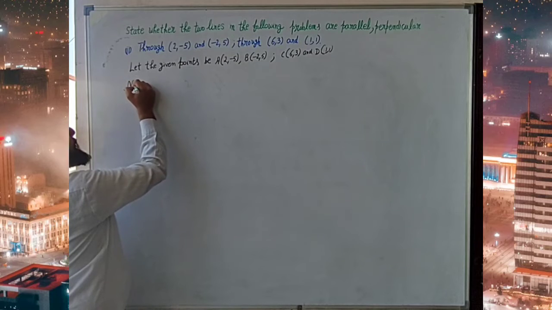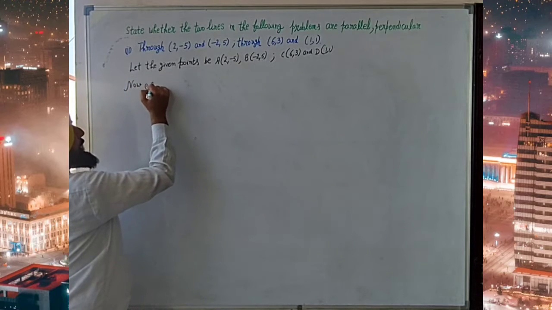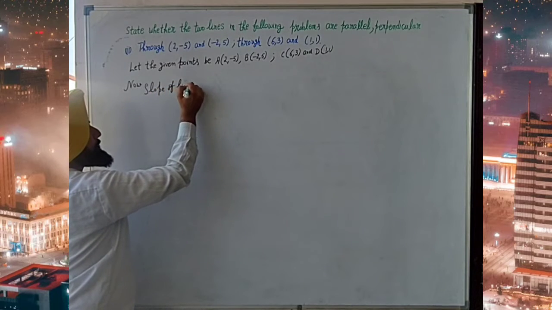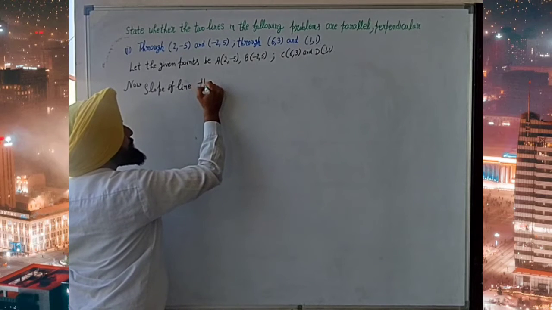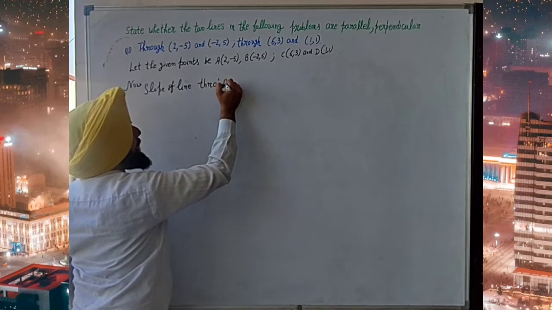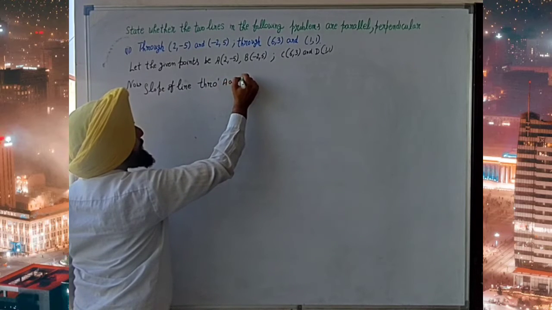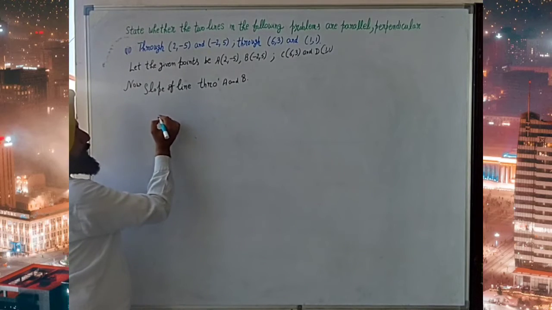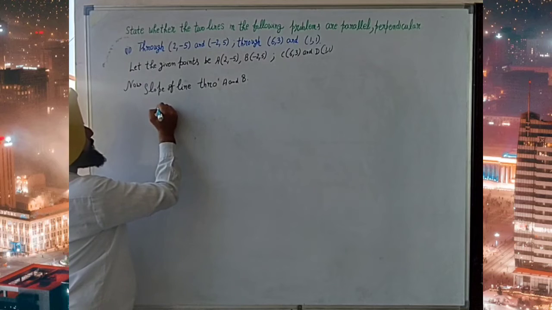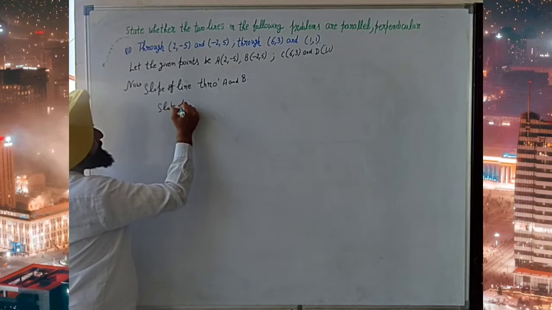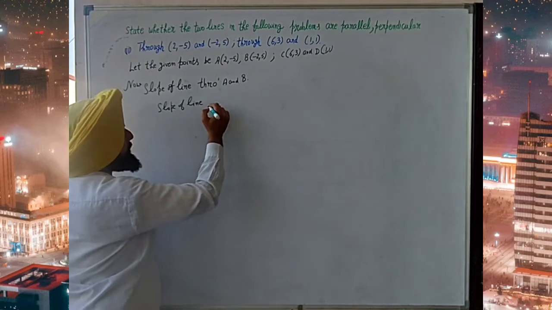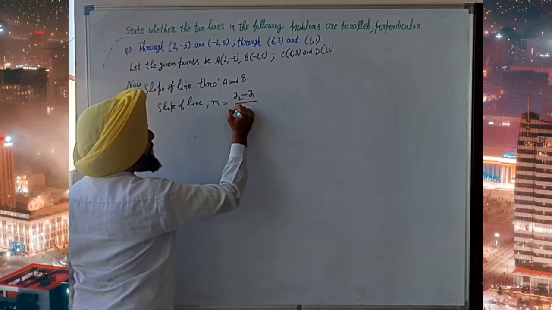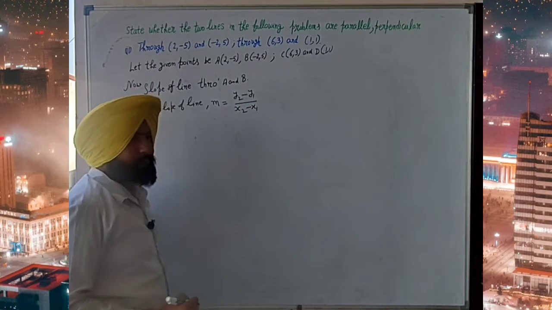Now slope of line through A and B. Now slope of line, we know slope of line means m equal to y2 minus y1 over x2 minus x1.